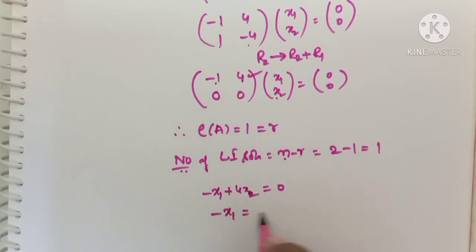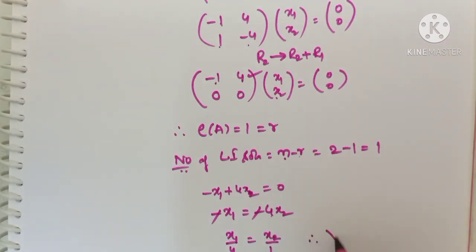Minus x1 equal to minus 4x2. Cancel minus on both sides. X1 by 4, we bring this 4 here, and x2 by 1. Therefore, capital X is equal to x1, x2, that is 4, 1.